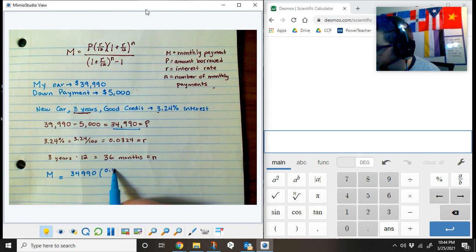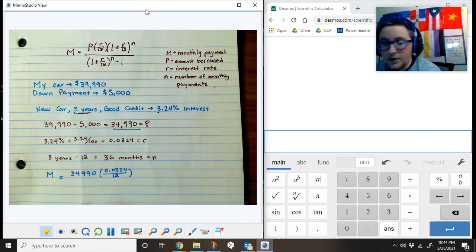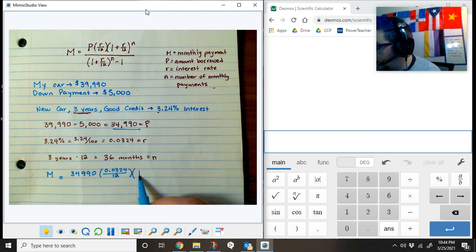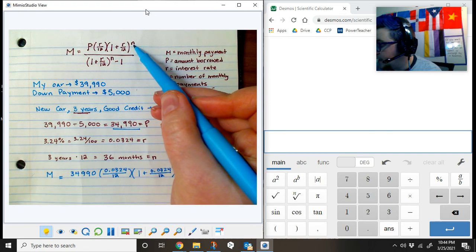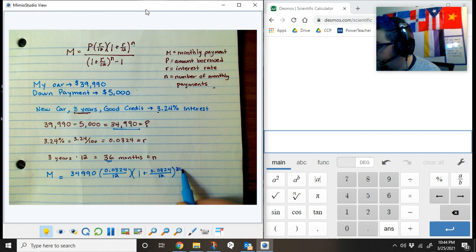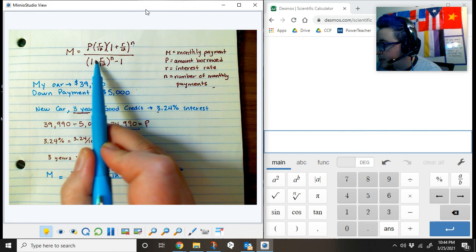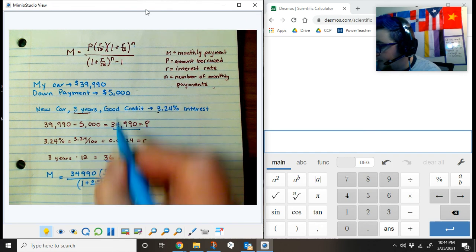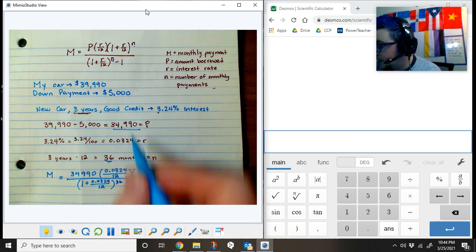Okay, 0.0324 over 12 times 1 plus R over 12, 1 plus 0.0324 over 12, and then raised to the N. My N is that 36 months. Over 1 plus R over 12 again. 1 plus 0.0324 over 12 to the N, still 36, minus 1.